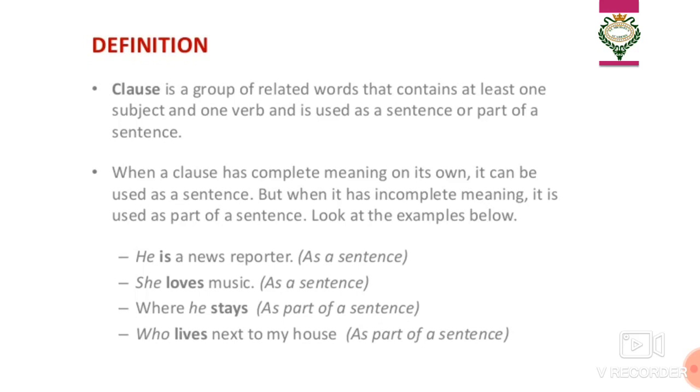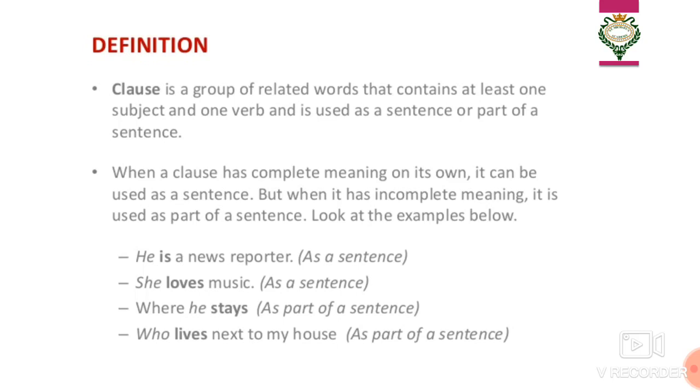Now, when a clause has complete meaning of its own, it can be used as a sentence. But when it has incomplete meaning, it is used as a part of a sentence. Let us take some examples of it. Like, he is a news reporter. In this sentence, there is a subject, he, and there is a verb, is.